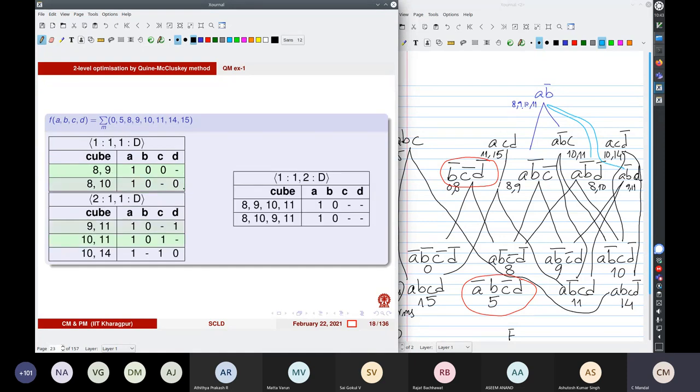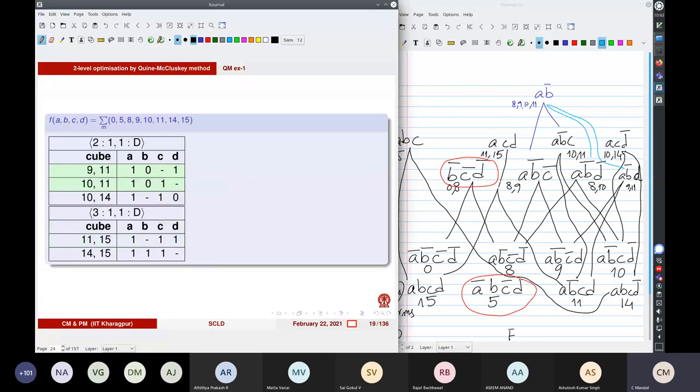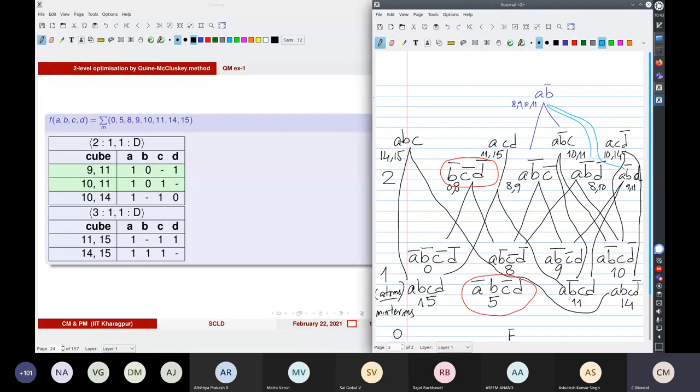Now you will combine cubes with 2 number of ones and 3 number of ones and 1 don't care. Let us see what we get.